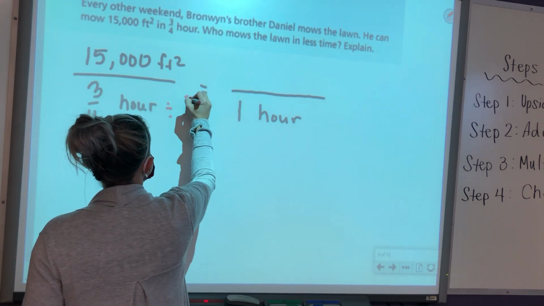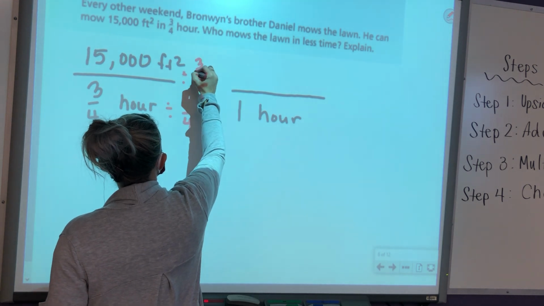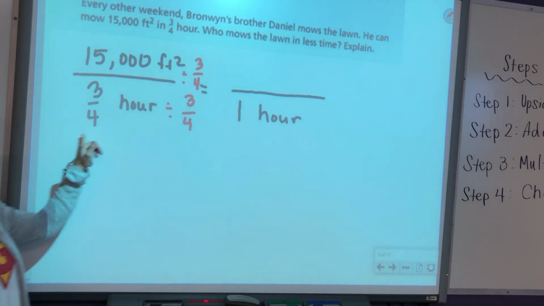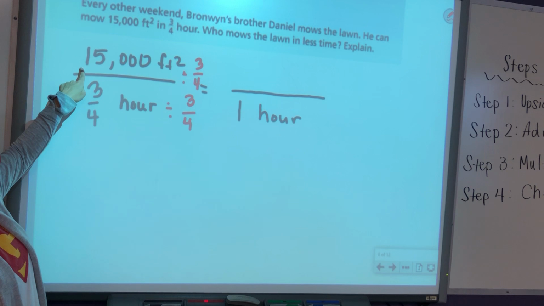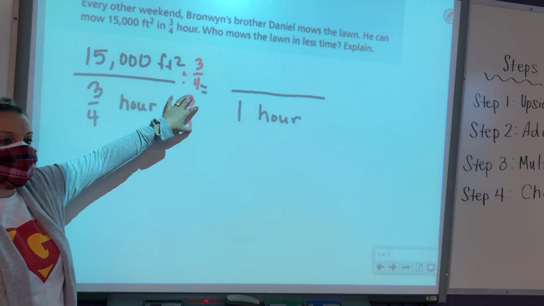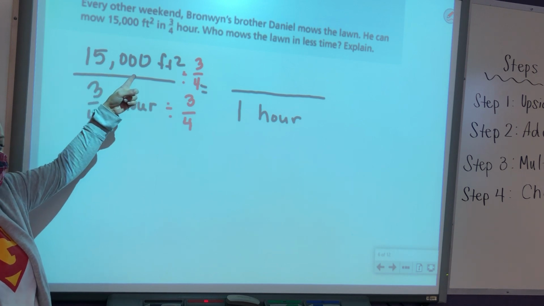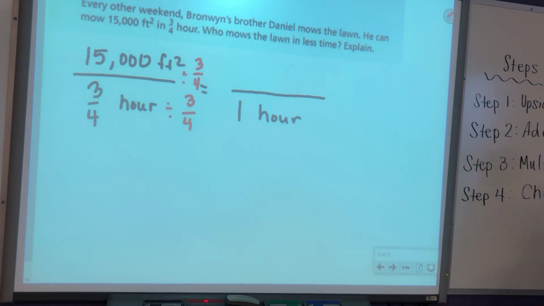So I can do the same thing here. If I divide by 3/4 in my denominator, I can divide by 3/4 in my numerator. So if I do 15,000 divided by 3/4, you get 20,000.